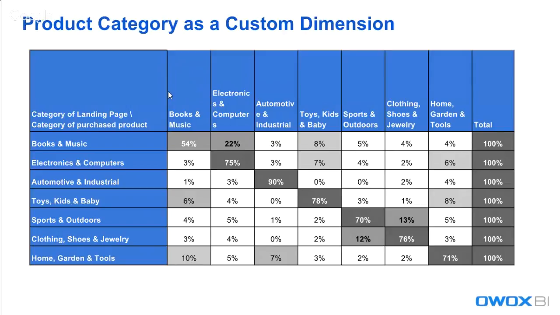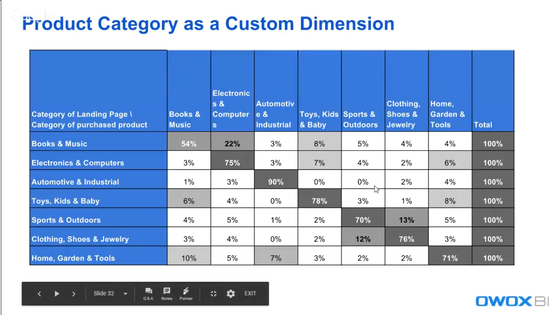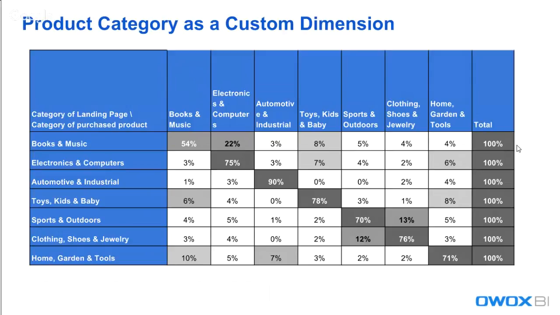For example, a customer landed on a landing page with books and music, but you can see the tendency that those customers usually buy toys and kids products, about 6% of them. Or, what's more interesting, customers who land on clothing, shoes, and jewelry tend to buy sports and outdoors. You can do the same in case you send page type and product category as custom dimensions.